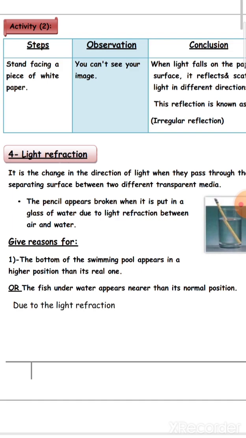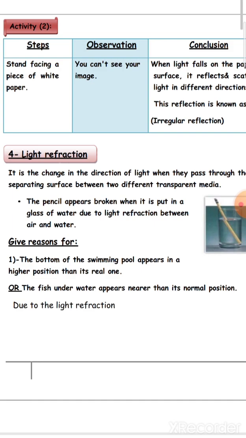It will become slower. So, why do we see the pencil broken? Because the light changed its direction when it's moving between two different transparent media, which are the air and the water, due to the change in the light speed, as it moves in the air faster than the water.